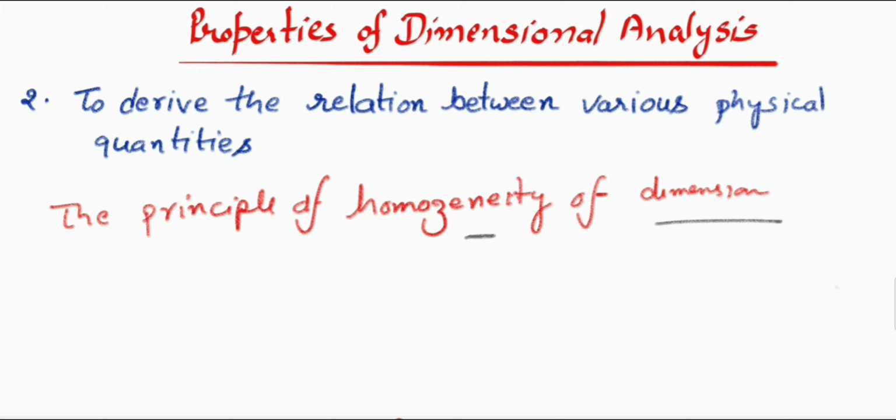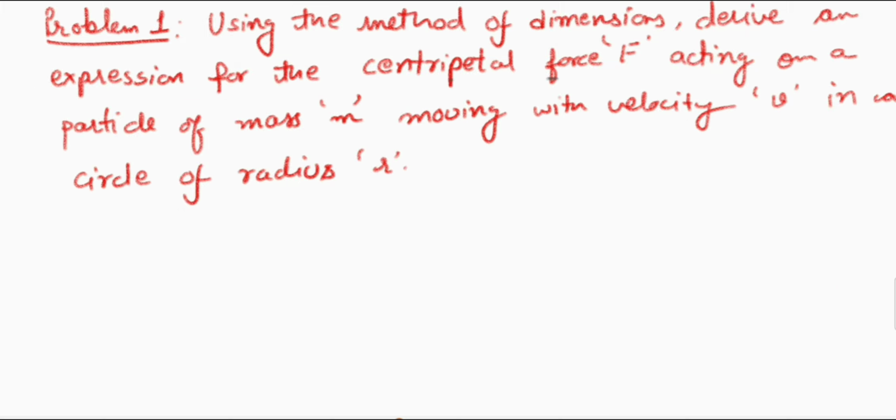For that, I'll take one problem: using the method of dimensions, derive an expression for the centripetal force F acting on a particle of mass m and moving with velocity v in a circle of radius r.